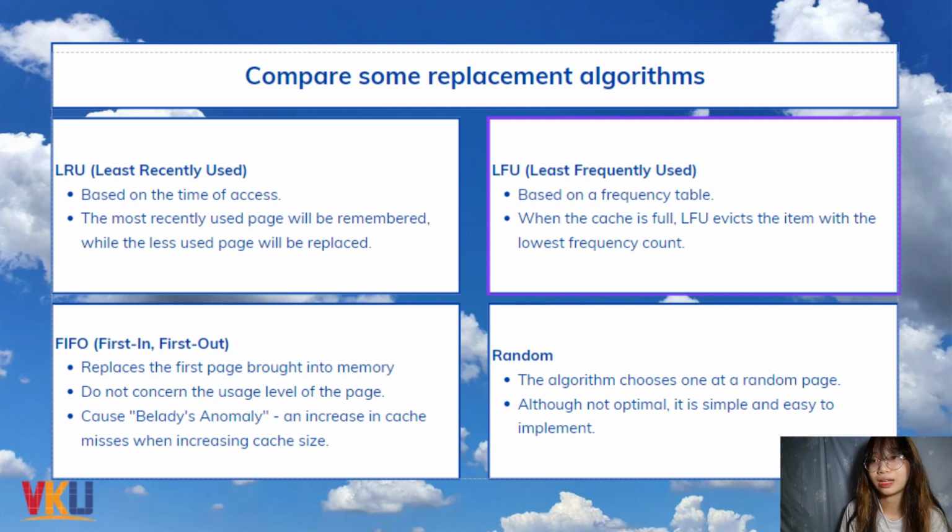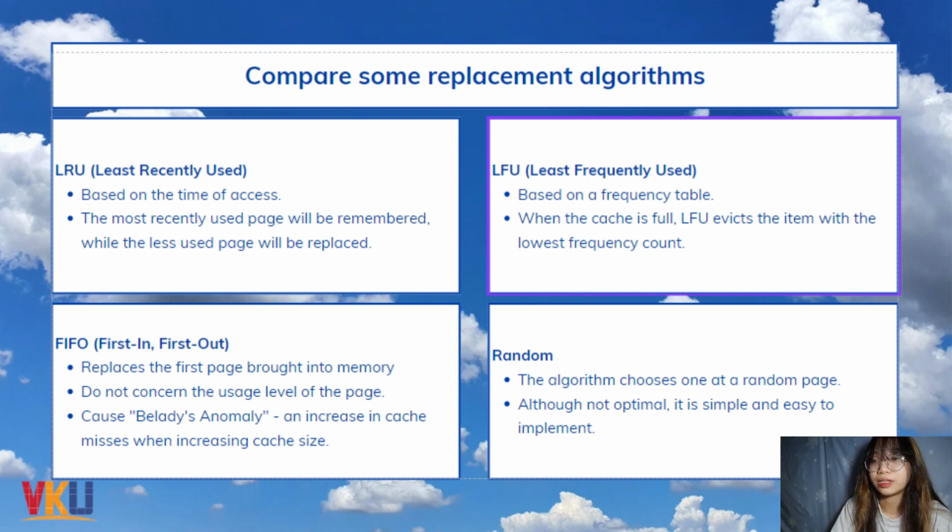Additionally, I compare the FIFO, which stands for first in first out algorithm, with the others. Well, to be honest, it is the simplest algorithm of all, because FIFO works like it replaces the first page brought into the memory, which means the cache line that has been inserted for the longest will be replaced.